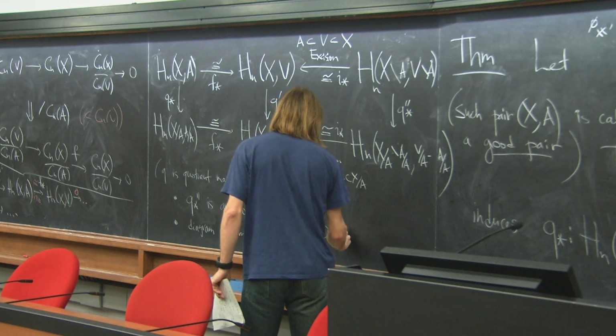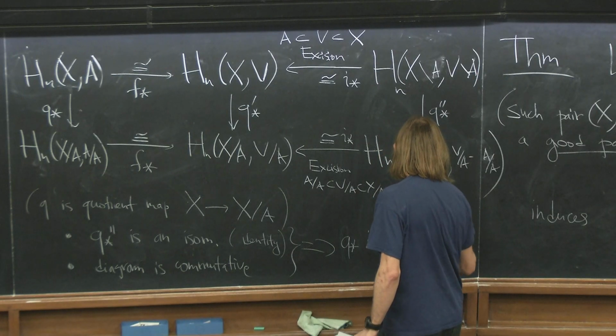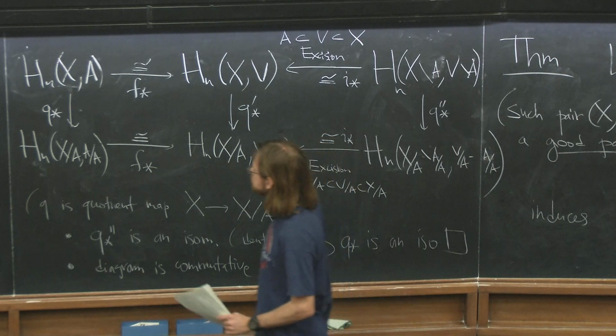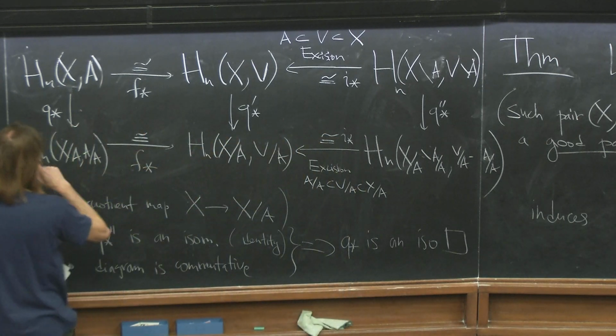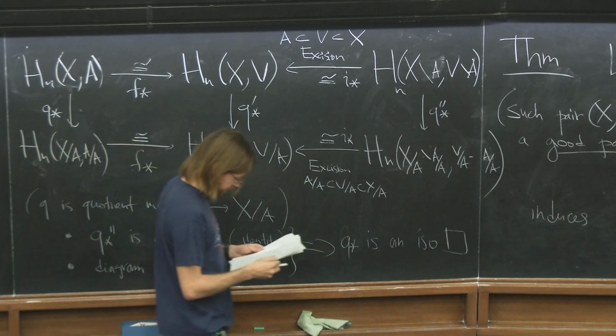Okay, so Q star is an isomorphism. And this concludes the proof. So this is what we wanted to show, that this Q star is an isomorphism. Any questions?